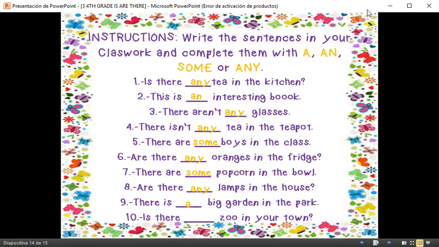There is a big garden in the park. Number 10. Is there any zoo in your town? Question. Is there any zoo in your town?